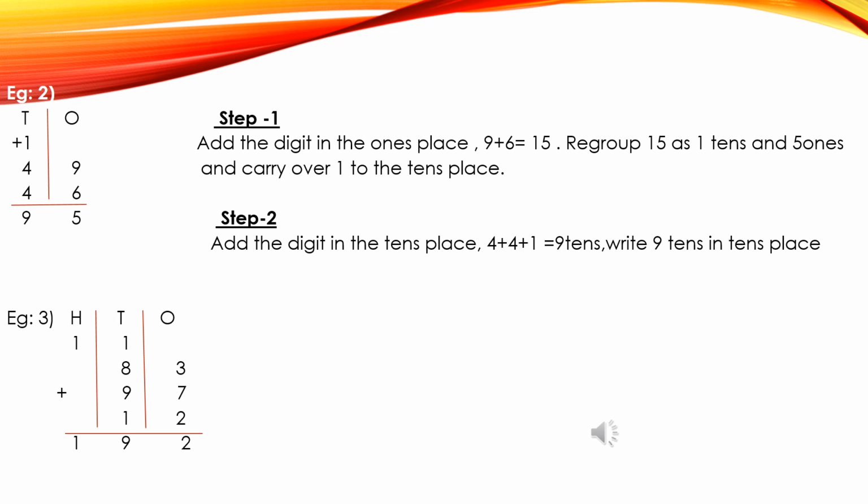You can't write 19 in the tens place. Again, you have to regroup. 19 tens is 100 and 9 tens. Write 9 in the tens place and carry over 1 to the hundreds place.